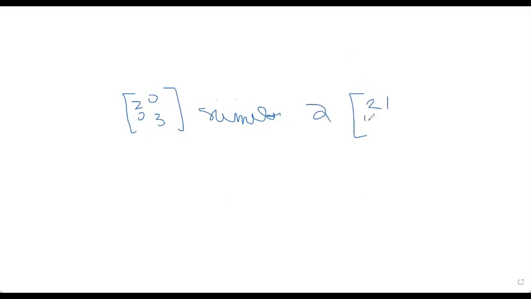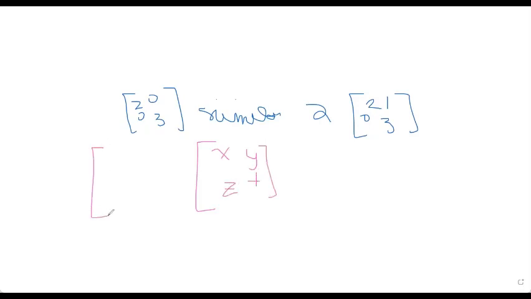So, is matrix 2, 0, 0, 3 similar to matrix 2, 1, 0, 3? So again, this is a situation, and I'll pick a different color. We've got an S, right? And we're imagining that we've got, say, x, y, z, t.